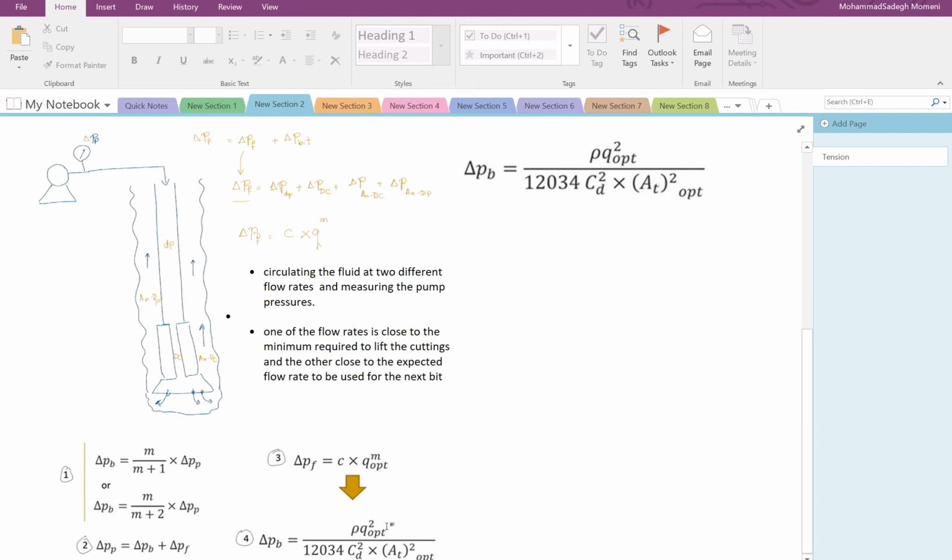And when I have this optimum flow rate, I can find the AT, or total nozzle area, because in this equation I have also found the delta P bit, I found the optimum flow rate, I have the mud weight, CD is given. The only unknown is AT that I need to find.